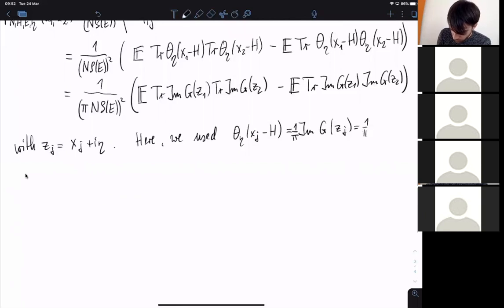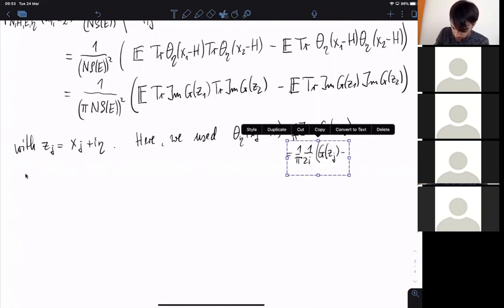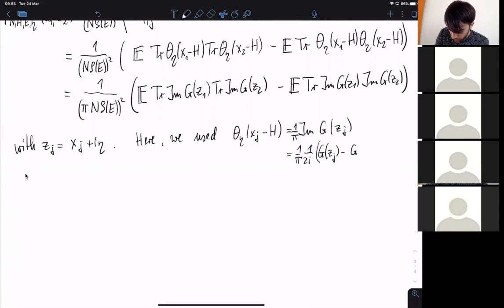This here is of course the same as Gj, and here you would have a star, but this is nothing else than, if I star the resolvent, then I just complex conjugate the spectral parameter.